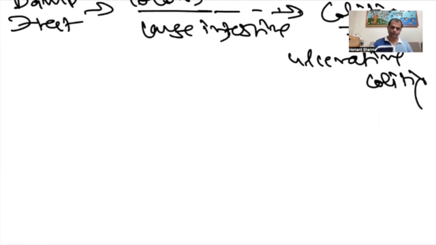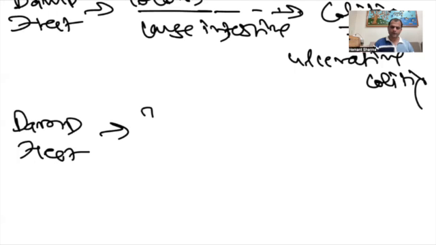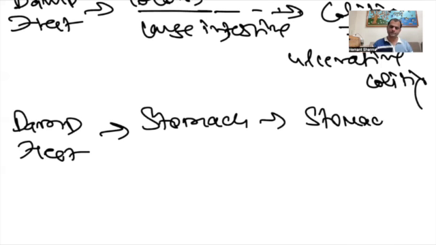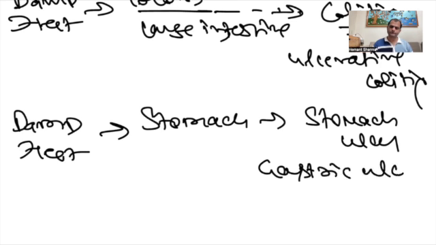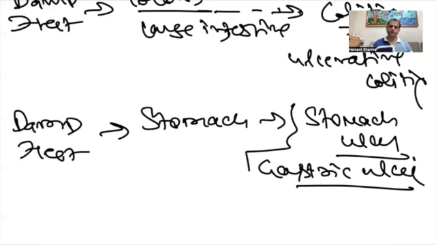Now, if the damp heat attacking on the stomach, it will burn the wall of the stomach, the inner wall of the stomach, and creating stomach ulcer, or we are telling it gastric ulcer. So stomach ulcer or the gastric ulcer.